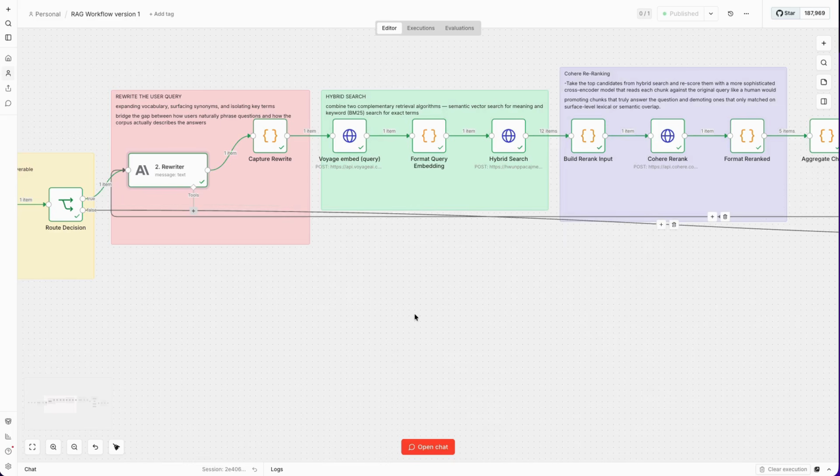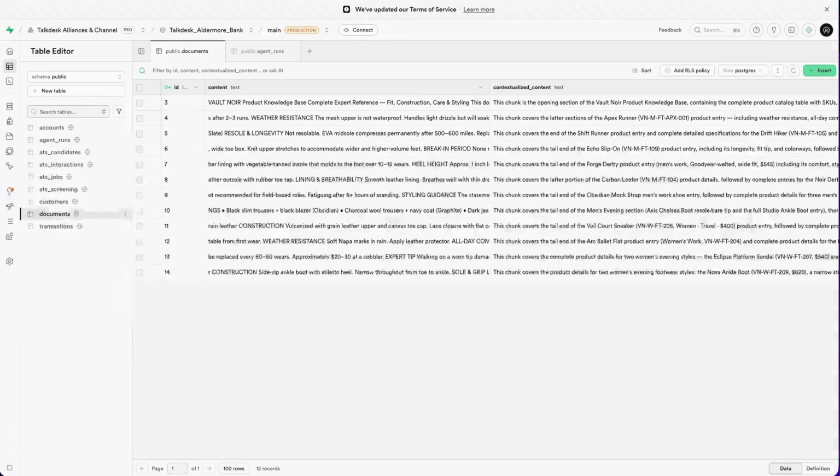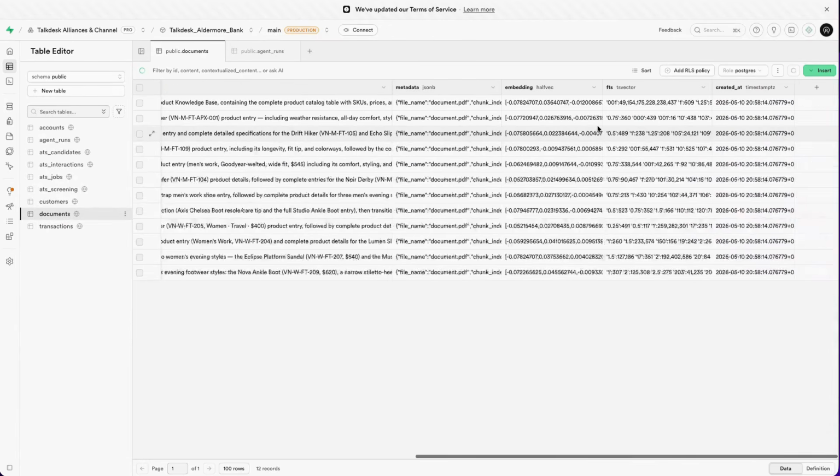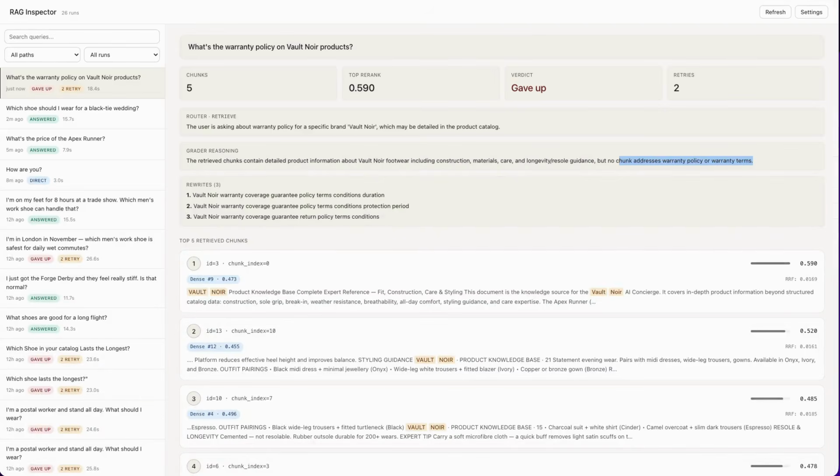The hybrid search combines two complementary retrieval algorithms. First, semantic search, which is similar in meaning, and that's where we will be using the dense vectors to compare against this embedding right here, the 1024 dimensional vector that we created using Voyage. And then sparse search is the keyword search.